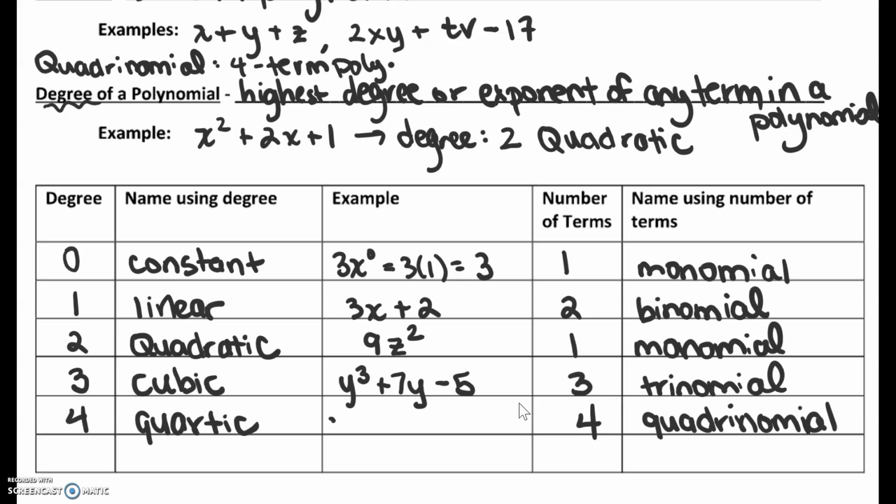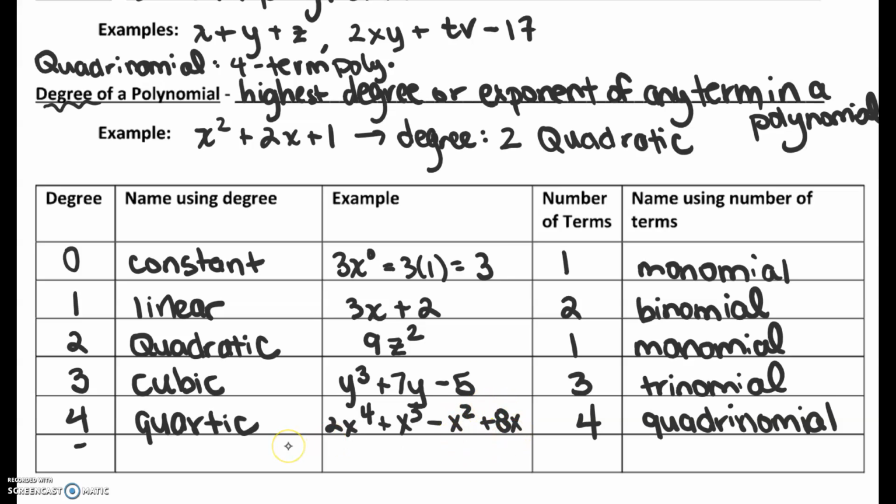So we can do 2x to the 4th, so now it's quartic, plus x cubed minus x squared plus 8x. So it has 4 terms, 1, 2, 3, 4.